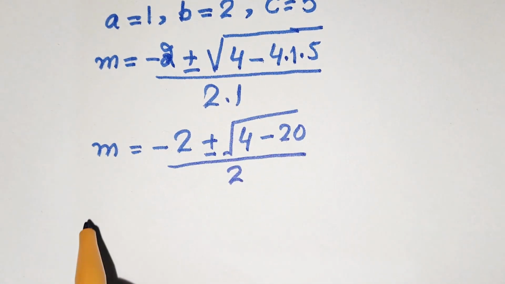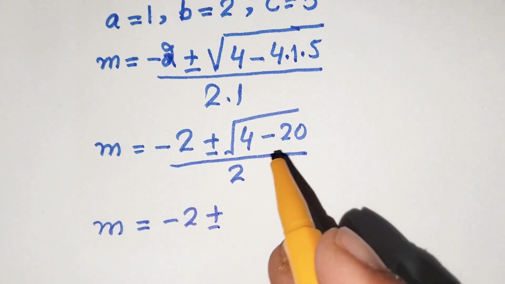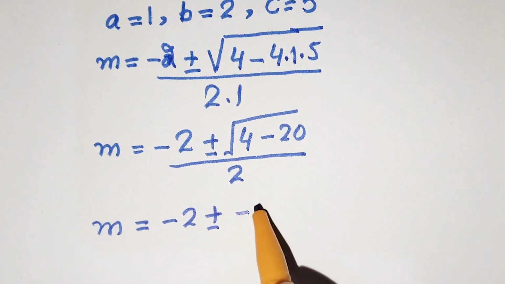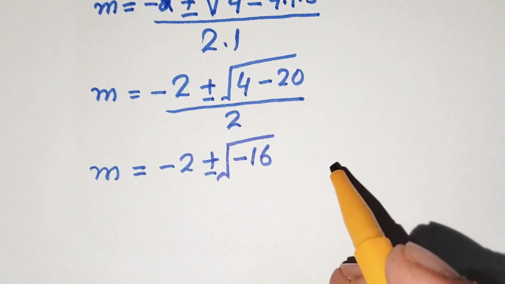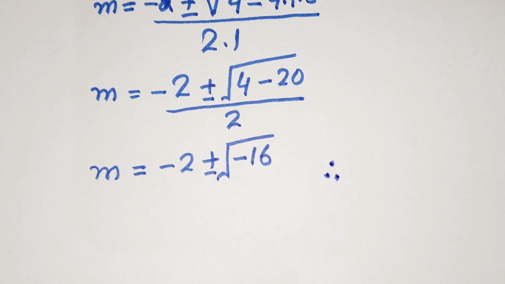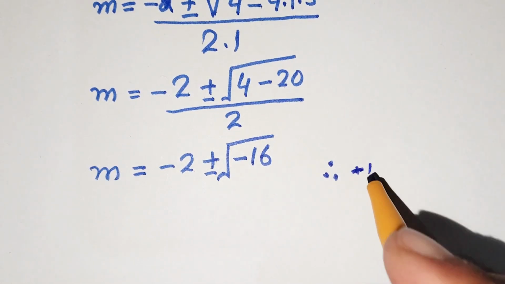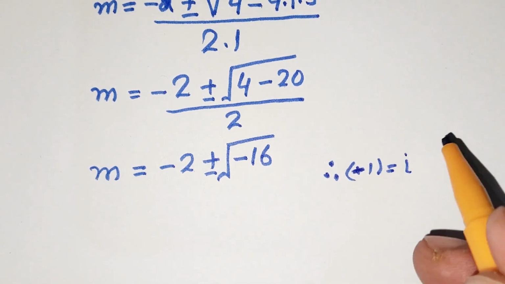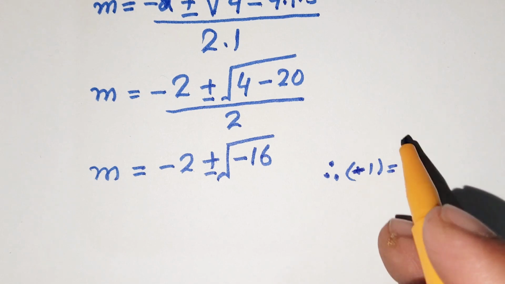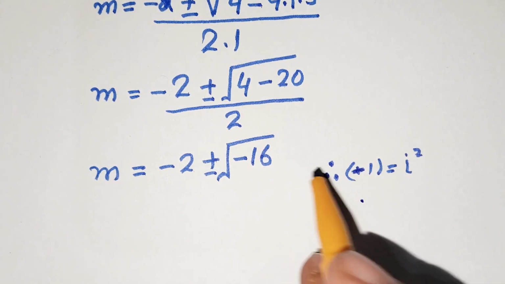Now we can see that m is equal to minus 2 plus minus the square root of minus 16, and we can write minus 16 as 16 times minus 1, where minus 1 is the value of iota square, and its square root is actually equal to iota.